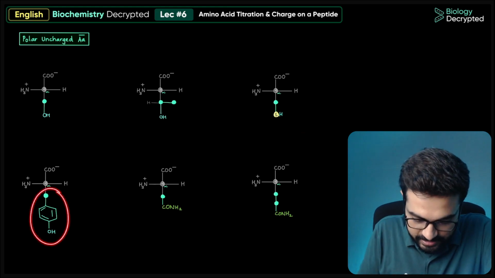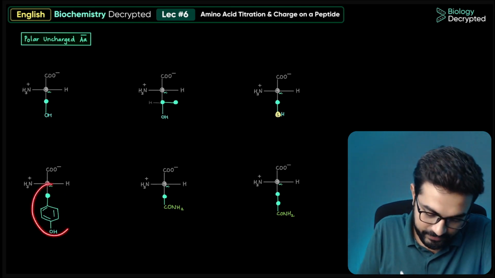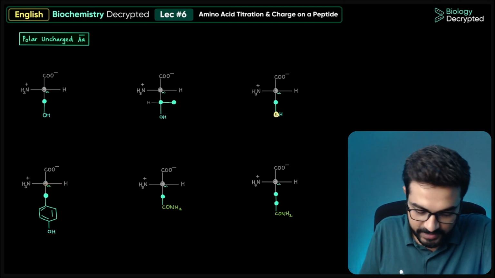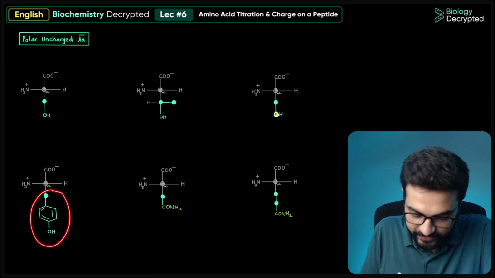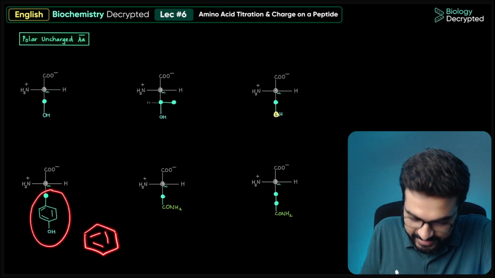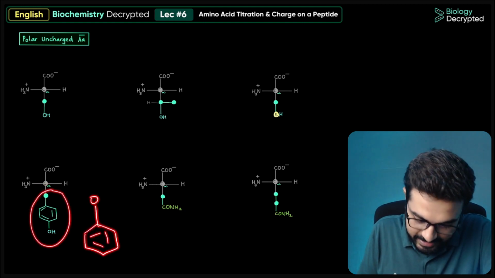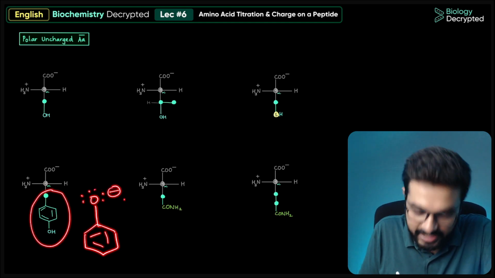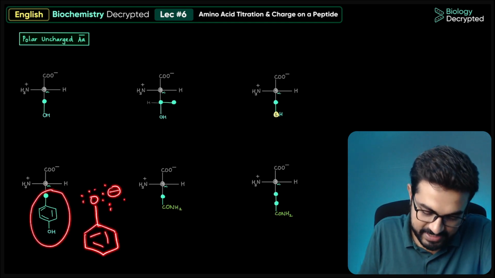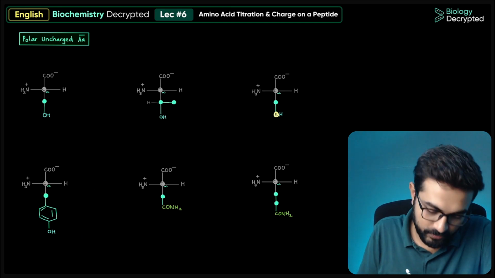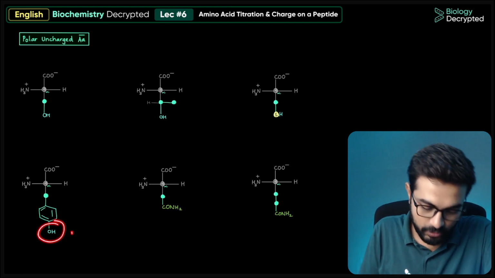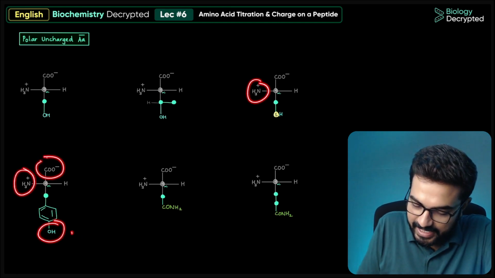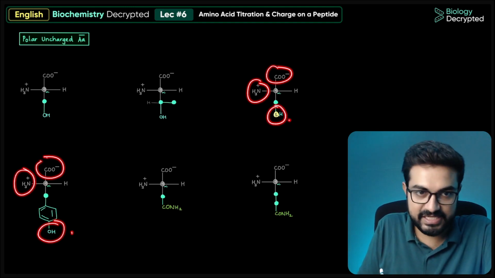Similarly, in case of tyrosine, this is a phenolic group, and phenols are acidic. They are acidic like carboxylic acids, so they also behave as weak acids, and yes, they lose H+. So this can also get ionized. So in this case and this case, there are three ionizable groups.